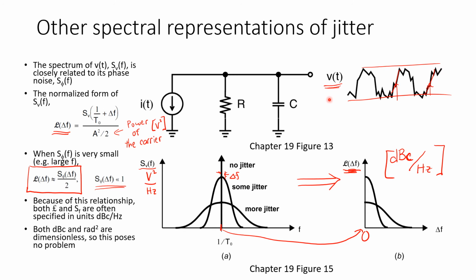However, the same is not true for phase noise spectra. Phase noise spectra often do shoot up to very, very large values at DC, and in fact their integrals, if taken all the way down to DC, often diverge. We can talk more about that later. It doesn't pose a practical problem, but it is an important difference between the way we've defined script L here and the way we've defined phase noise.